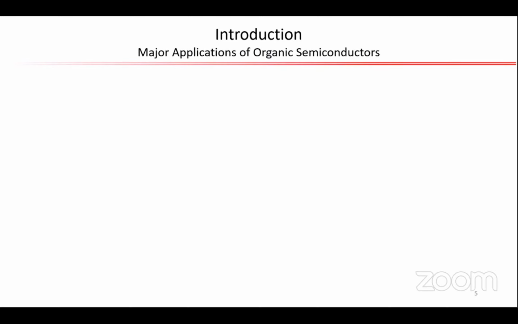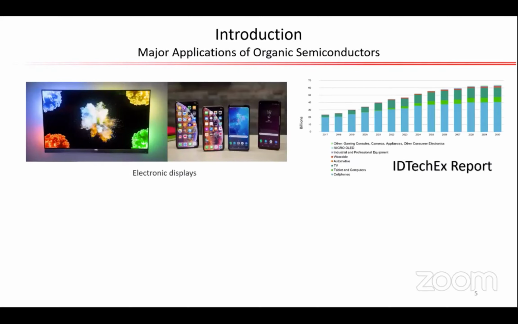So, after giving credits to the pioneers, the organic light emitting diodes based electronic displays which are being used in TVs and smartphones are an established and successful example of organic semiconductors in today's era.